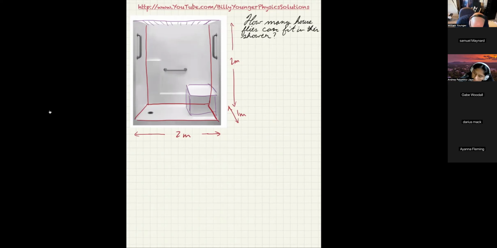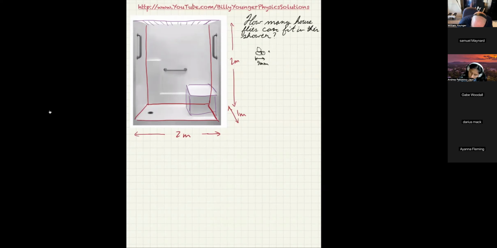So I'm going to say a fruit fly normally looks something like this. I'd say its length is smaller than a centimeter, so about 9 millimeters would be that dimension.